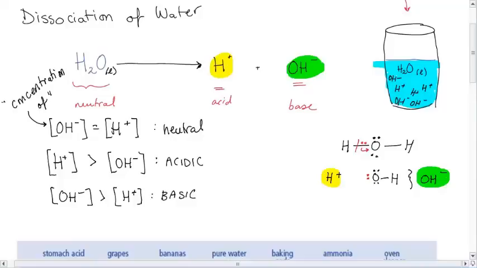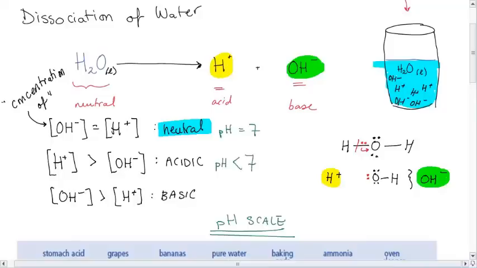And we use a scale of measurement called the pH scale to compare substances and describe how acidic are they or how basic are they. So a substance that's neutral, we say has a pH of 7. So for example, pure water would be 7. A substance that's acidic is going to have a pH that's less than 7, so the smaller the number, the more acidic.